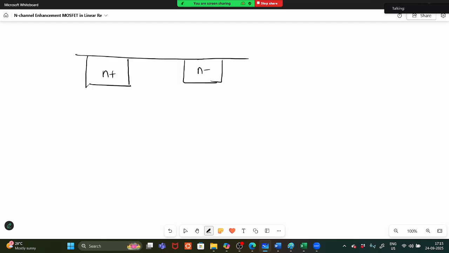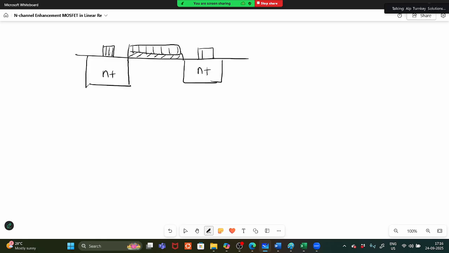Next, I'll draw one more time this NMOS in linear region. Here this is n plus, the SiO2 layer, polysilicon and metal.